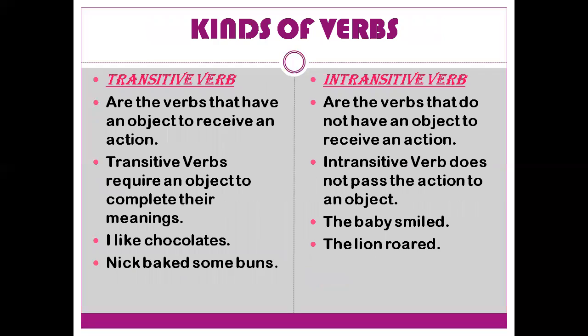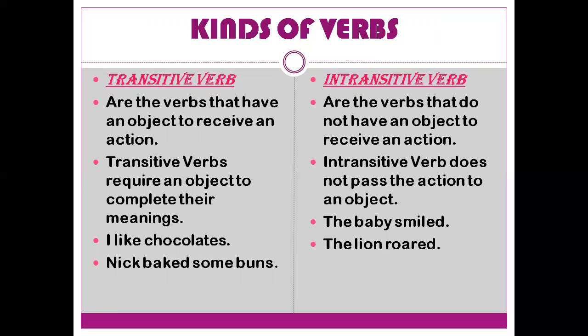Now, as you all know, there are two kinds of verbs: the transitive verb and the intransitive verb. Let us first see what transitive verbs are. Transitive verbs are the verbs that have an object to receive an action.